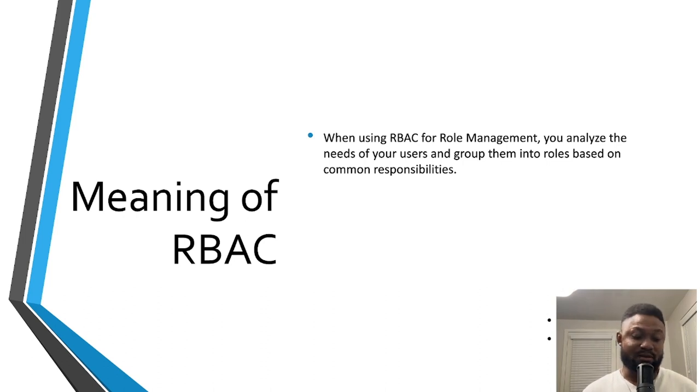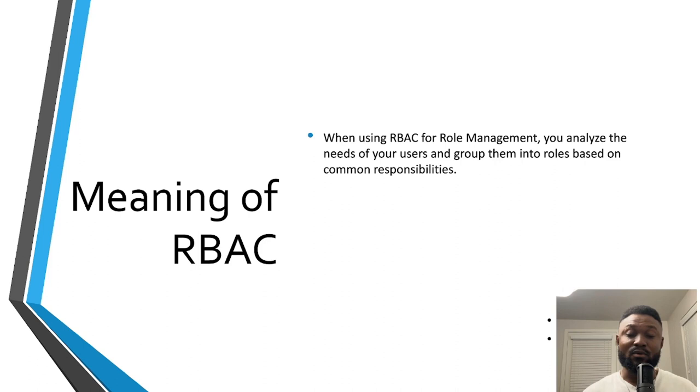One good thing about RBAC is that whenever you are implementing an RBAC policy on AWS, for example, let's say you are managing thousands of users in an organization. Let's say your company has 10,000 employees, and you have the network administrators.